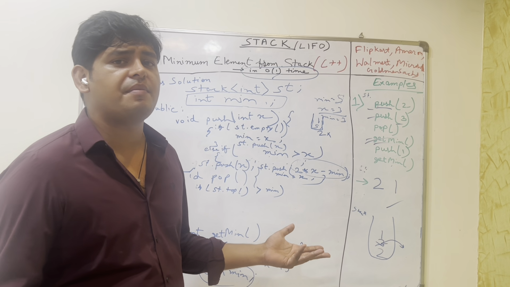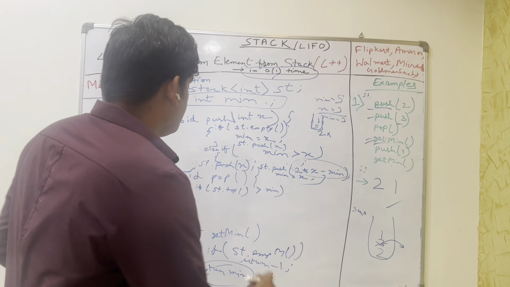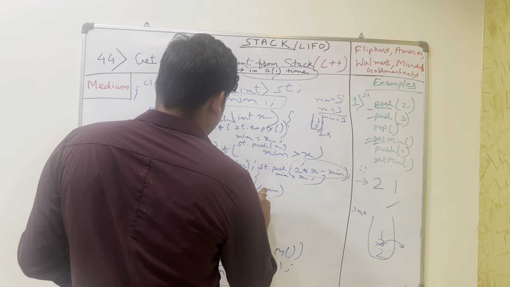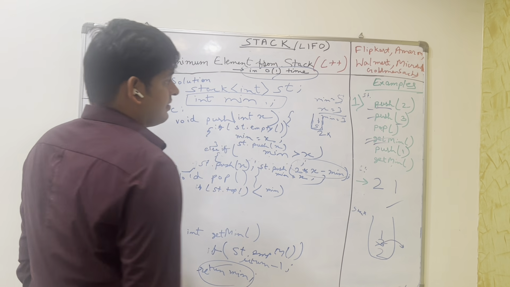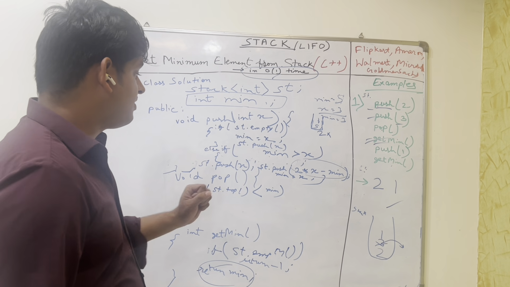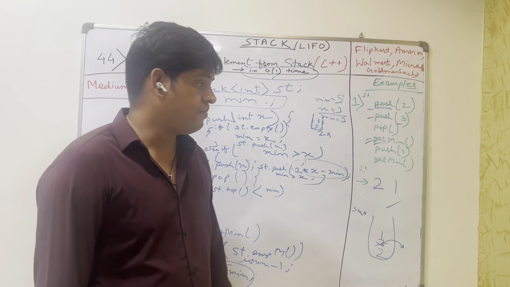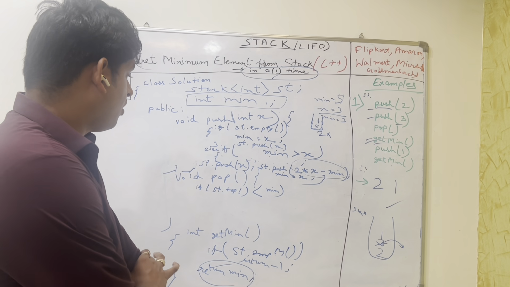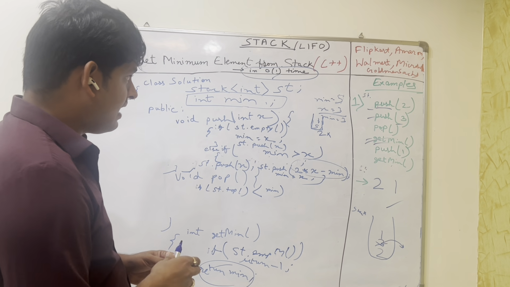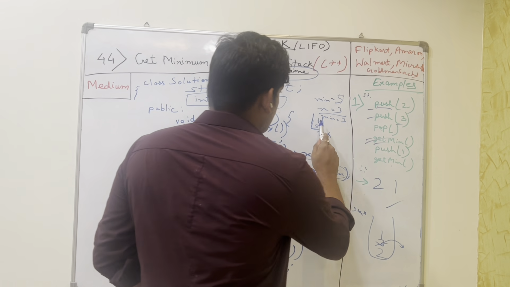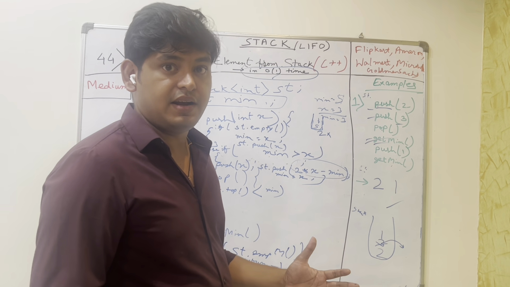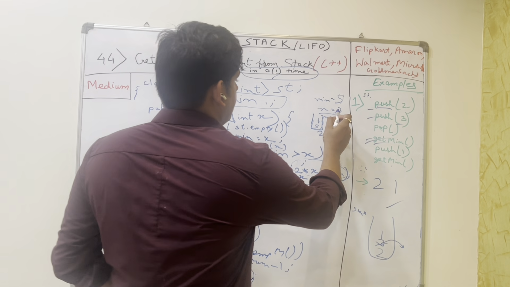I'll pop it, because my minimum value is not going to change. But if the stack top is less than the minimum element, then what do I need to do? If the stack top is less than the minimum element, that means I am actually popping out the minimum element, right? I am popping out the minimum element.